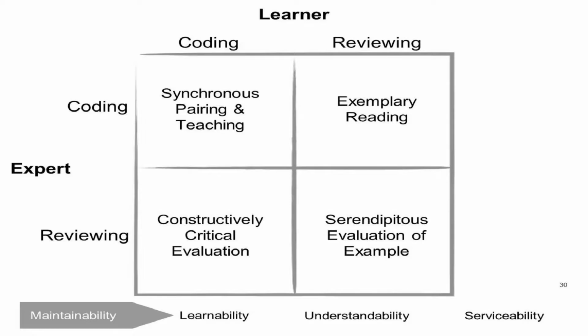This chart shows the modalities for learning in a reviewing situation. I'm pulling this a little bit out of my education background. Pairing is great, but we need to spend just as much time reviewing in order to transfer knowledge to the next generation of engineers. We need to read solid code, and we need to read code that needs to be improved.